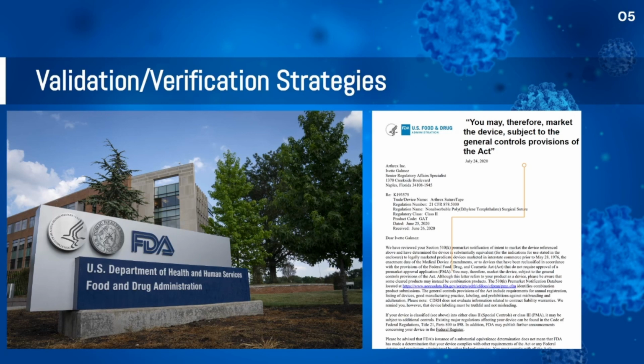IDE stands for Investigational Device Exemption, and according to the FDA, an approved IDE permits a device to be shipped lawfully for the purpose of conducting investigations of the device without complying with other requirements that would apply to devices in commercial distribution. Once your device is cleared for the IDE, you can begin doing clinical studies that follow the GCP, Good Clinical Practices.